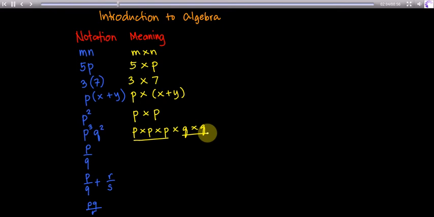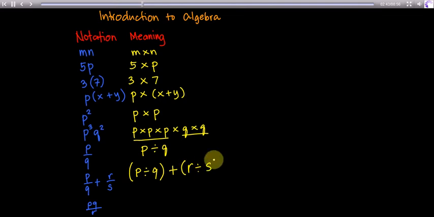Alright? How about p over q? So p over q is simply p divided by q. Next, we have p over q plus r over s. So this means we're going to have p divided by q, in parentheses, then we're going to add the quotient of r divided by s.